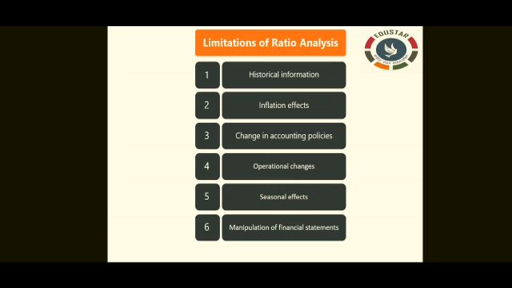The information may be manipulated by the company's management to report better results than its actual performance. So there is a chance of manipulation of data. So these are the disadvantages of ratio analysis.